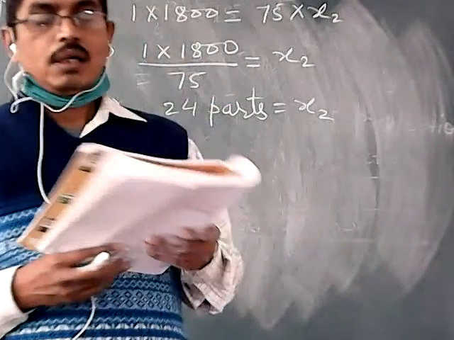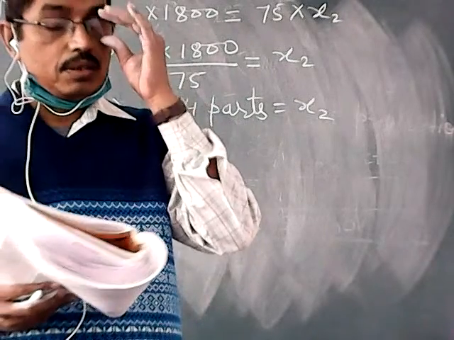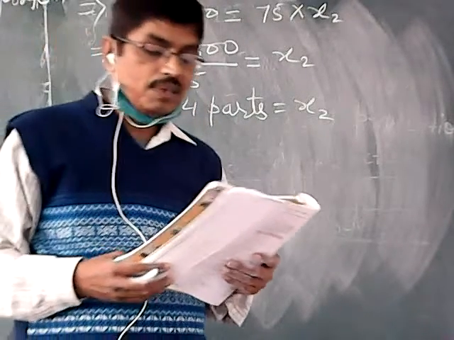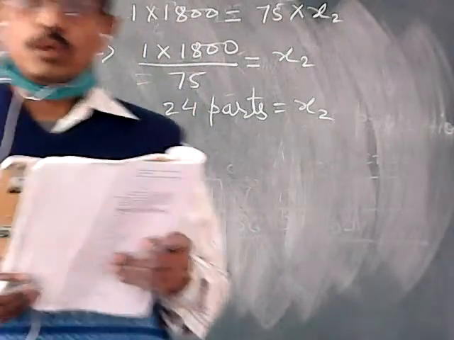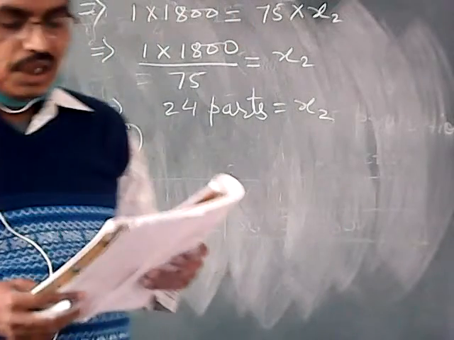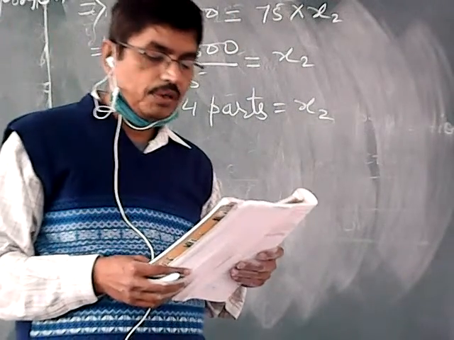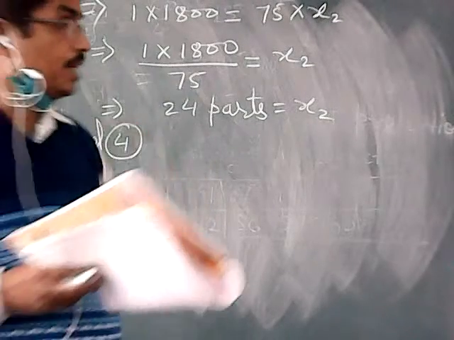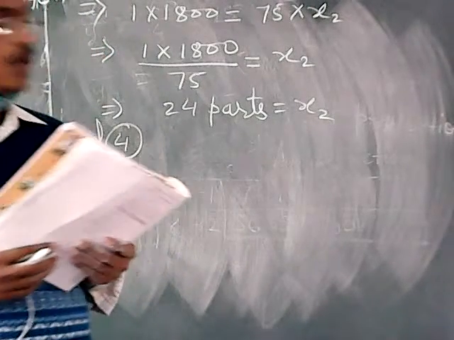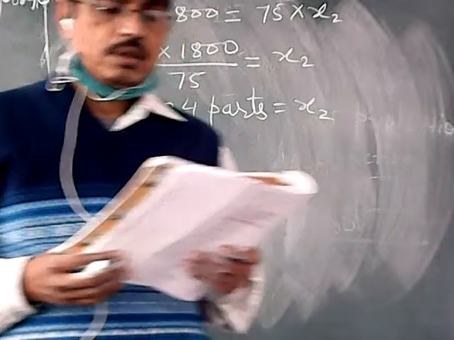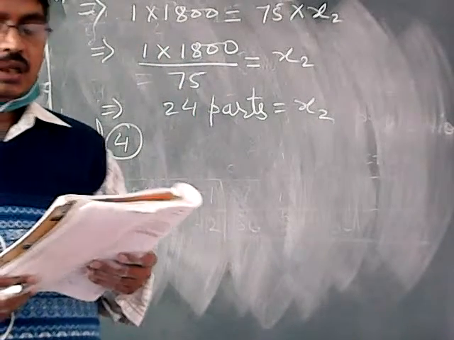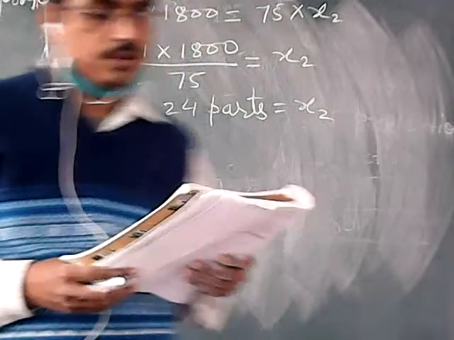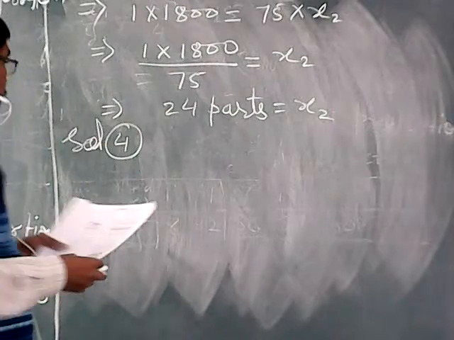So naturally, when the machine is working more time, it will fill more bottles, and if it works in less time, it will fill fewer bottles. So it is in direct proportion.